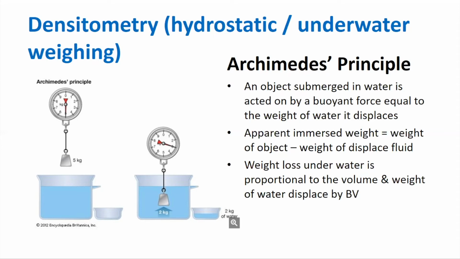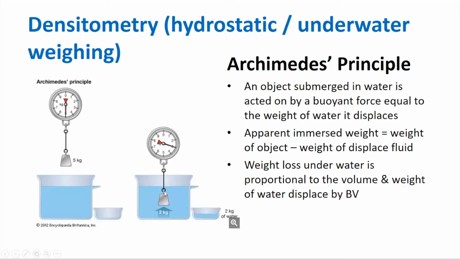So how we apply this in densitometry and underwater weighing is that an object submerged in water is acted on by a buoyant force equal to the weight of the water it displaces. So for example, we have a 5-kilogram weight that was measured in air or on land, and then we submerge it underwater, and now we can see that the weight is 3 kilograms.